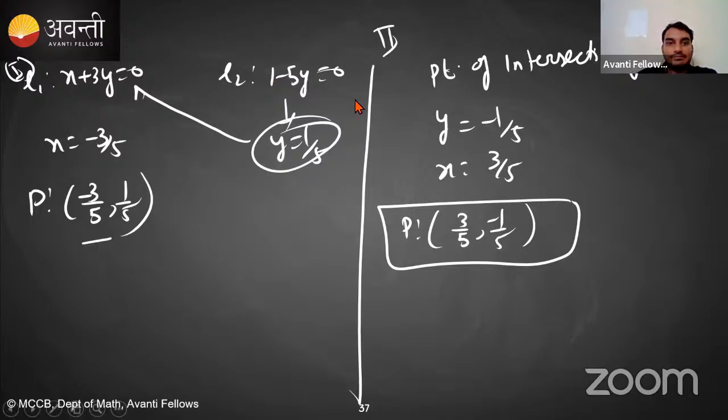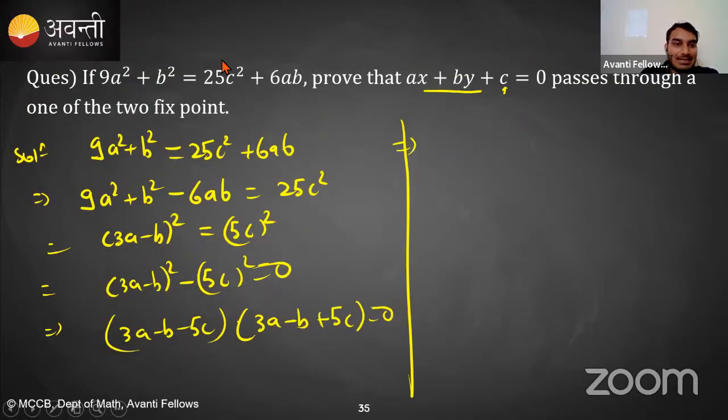Look, the question said that the relation between a, b, c is like this. So what we did: take the 6 on the right hand side, then it becomes (3a minus b) whole square is equal to (5c) whole square. Now use the formula of x square minus y square, which is x minus y into x plus y. So this into this is 0.